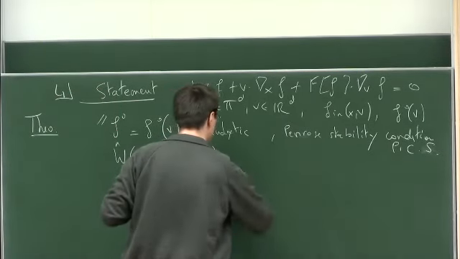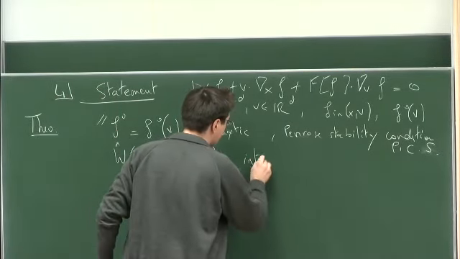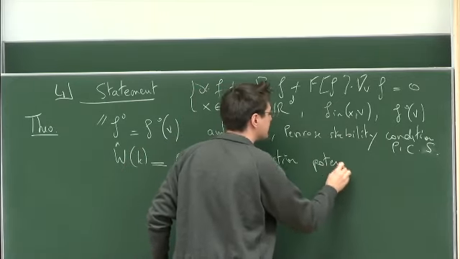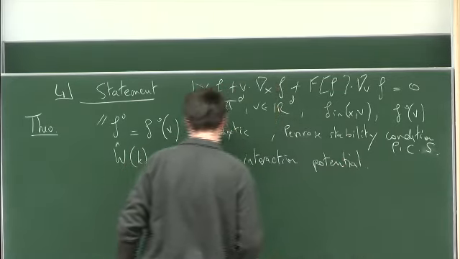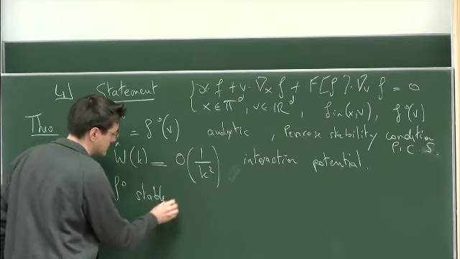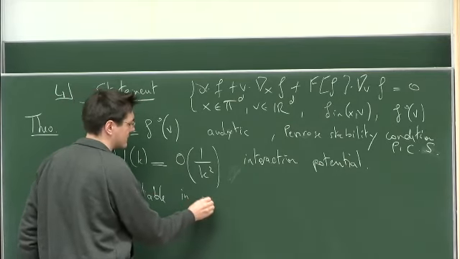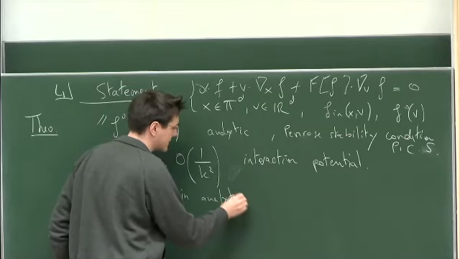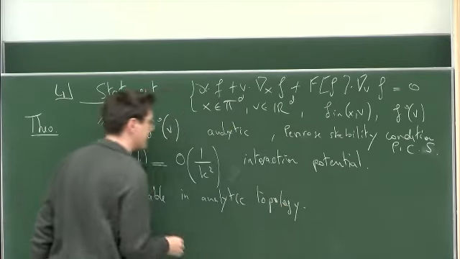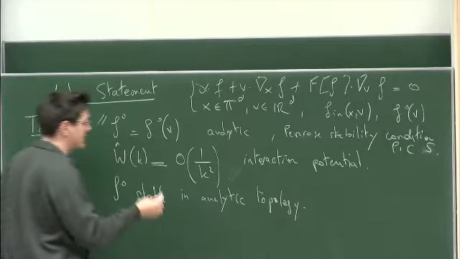And the outcome is that F0 is stable in analytic topology. So it's a very short way of stating the result. Saying if you stay close to F0, you have some stability in some sense.